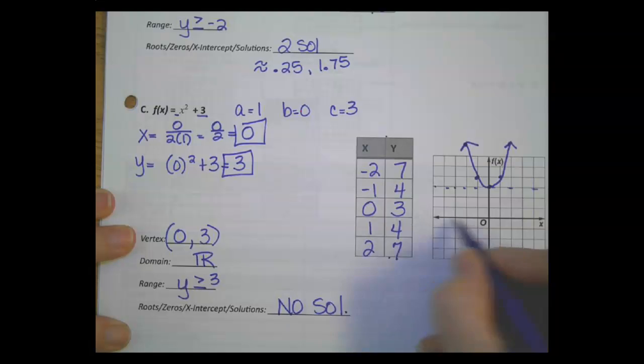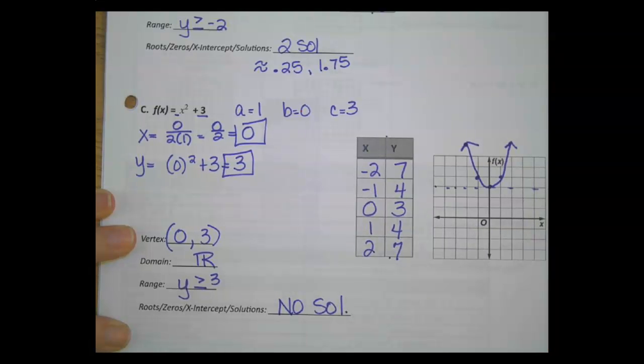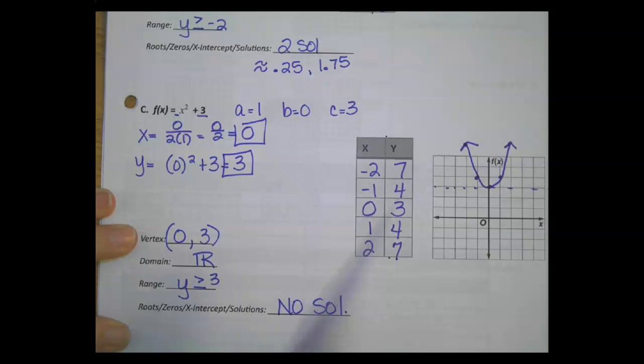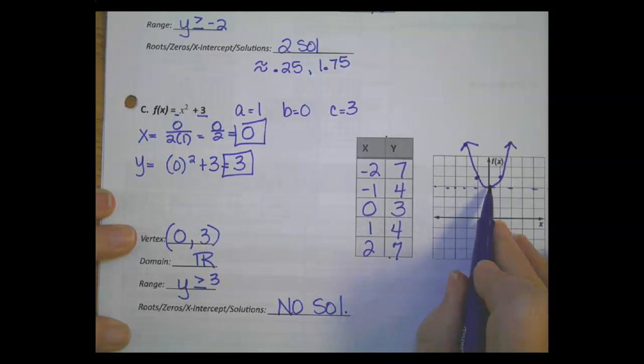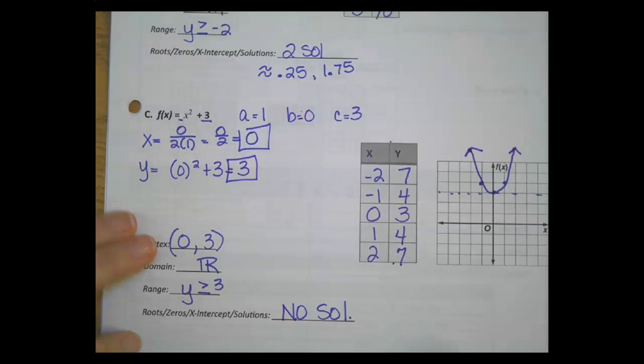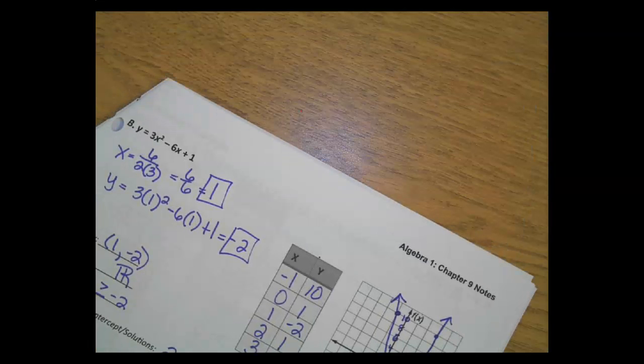So it does not cross this X. Let's see, what else was I going to say about this? My A is positive, so it goes upwards, and I have a minimum value. We discussed that yesterday. Okay, 2 more.